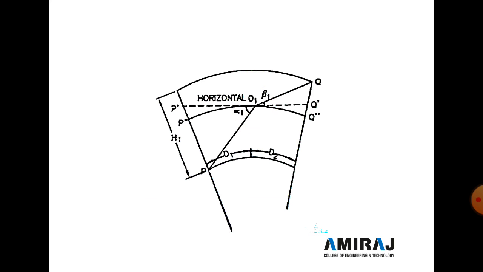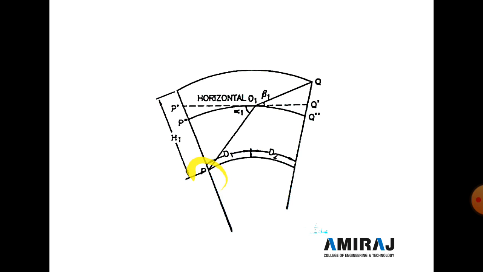First set up the instrument, then level it, and after focusing is completely done, measure the vertical angle alpha 1 at station P. This angle we measure from the O1 point, the midpoint of PQ.